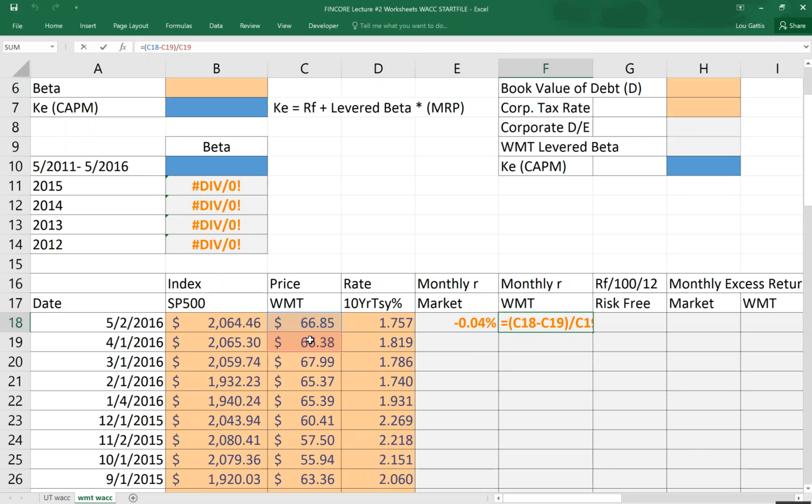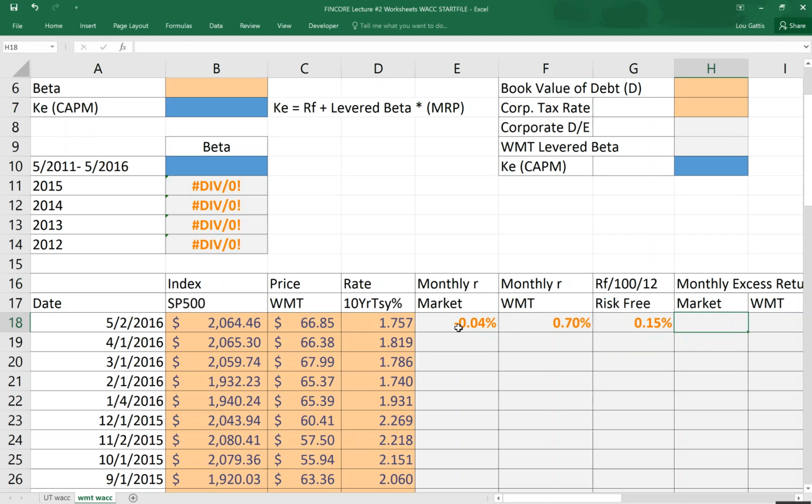And since Yahoo Finance gives me the annualized 10-year yield as a whole number, I'll divide that by 100. So now you see that the annualized yield on the 10-year Treasury is 176 basis points, or 1.7%. But I want to make all of these monthly, so I'm going to divide by 12. That would be the monthly return on Treasury.